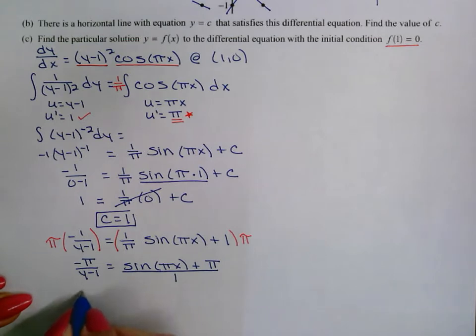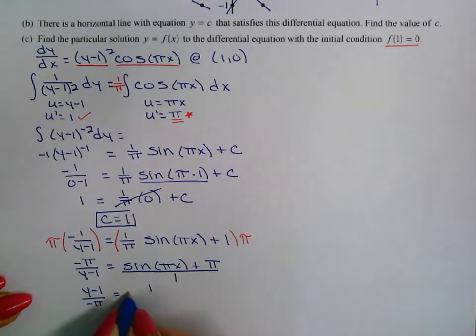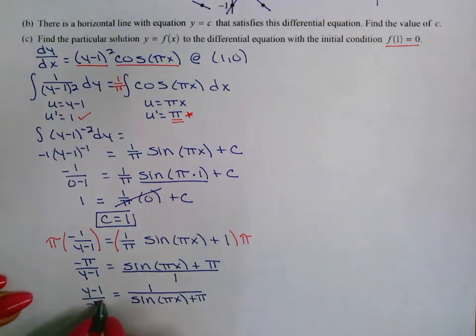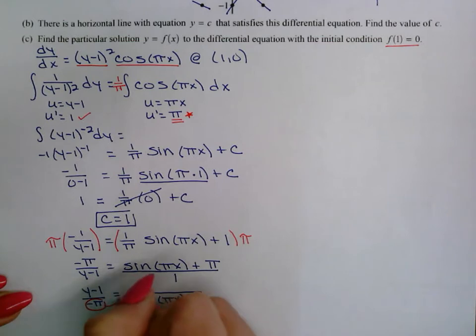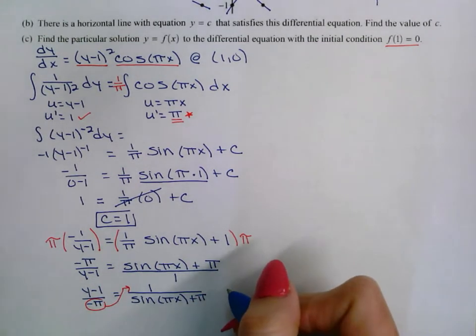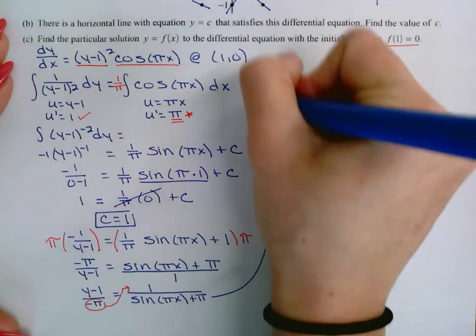Have I been able to always do that in math? Yes, this has always been allowed, as long as there is one fraction on each side. So now I can multiply this negative pi over to the other side and then just add the 1. I'm going to come up here to have some more room.